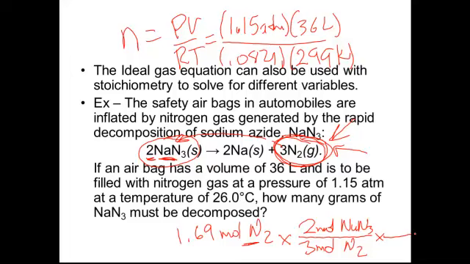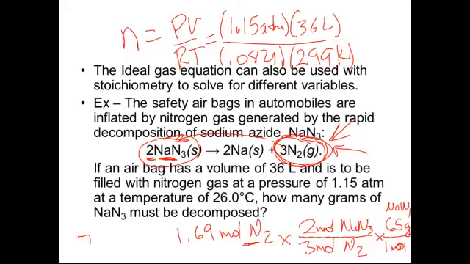And now my last step: 1 mole of NaN3 has a mass of 23 plus 42, which is 65 grams. Again, that's of NaN3. So now I can take my answer, times 2, divide by 3, and then multiply by 65.